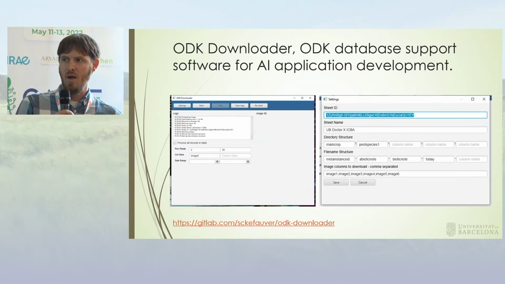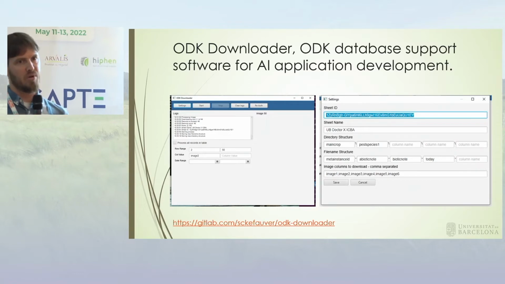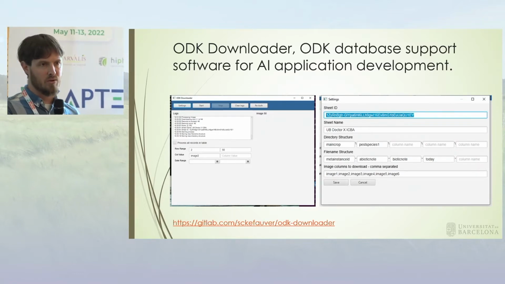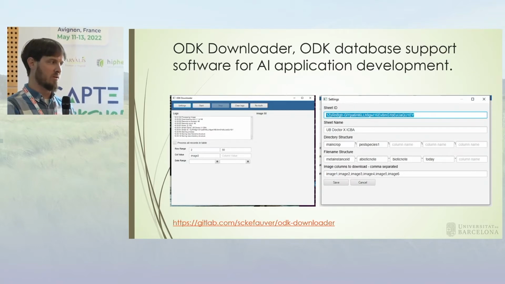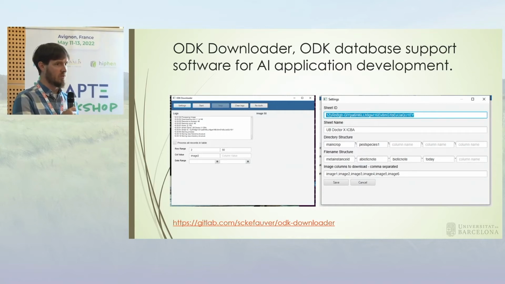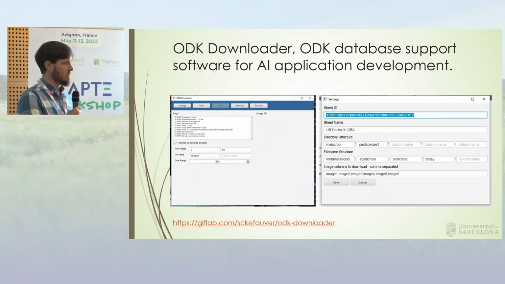And so as we collected more and more data with the Open Data Kit, we started having a bottleneck in our data processing, which was actually downloading all of the data, reorganizing it into different folders in order to batch process it using a separate standalone software. This was the case with the CANI software. We didn't manage to connect it into our Java system because it was already its own software.